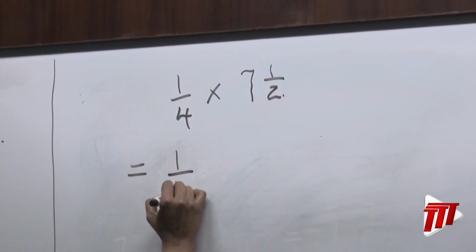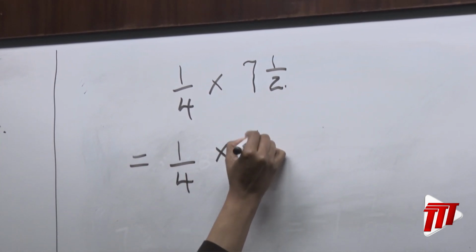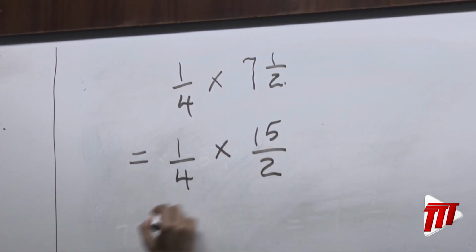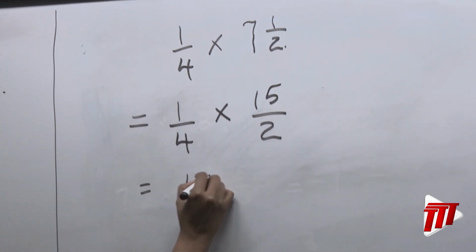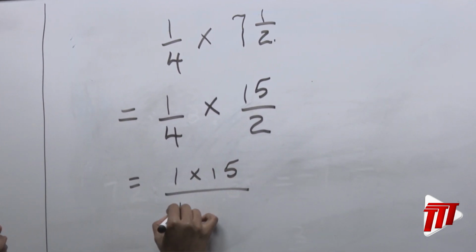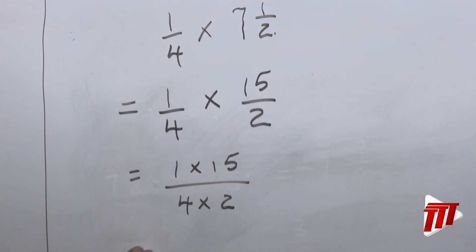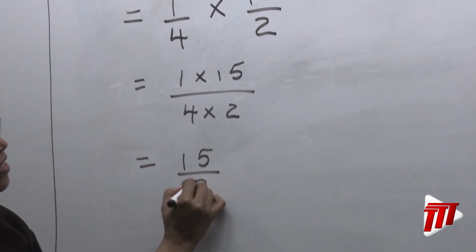We can have 1/4 multiplied by 15 over 2. Multiplying fractions, 1 multiplied by 15, 4 multiplied by 2. That gives us 15/8.